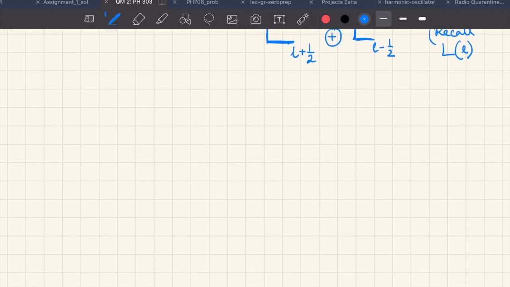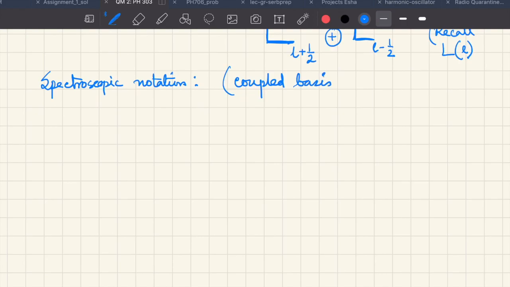So the spectroscopic notation for the coupled basis, which is going to be very important in our next discussion, is nothing but the principal quantum number times capital L, J. That is the spectroscopic notation.